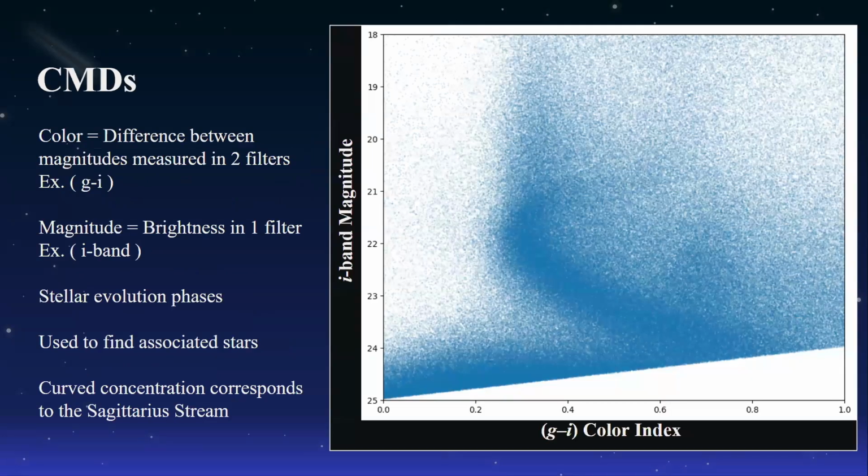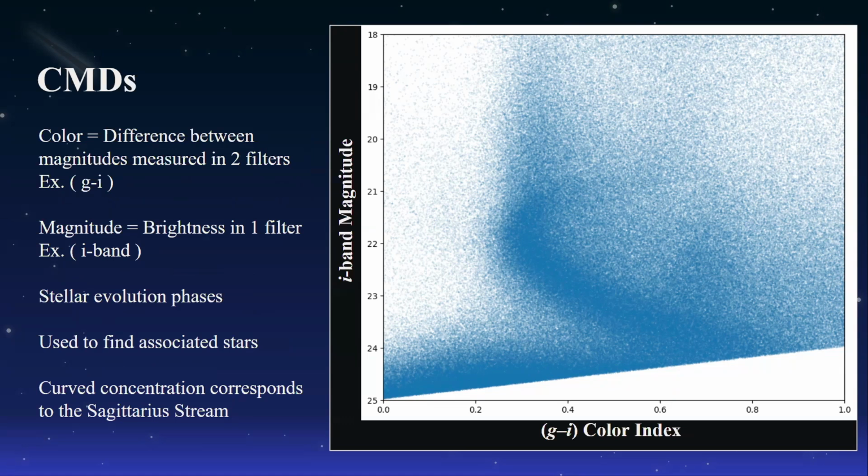In our research, something that was really important were color magnitude diagrams, where color is the difference between the magnitude in two different filters, and magnitude is the brightness in one filter. As we can see on the x-axis, we have our color, which is G minus I, or green minus infrared, and our y-axis is the I band or infrared magnitude.